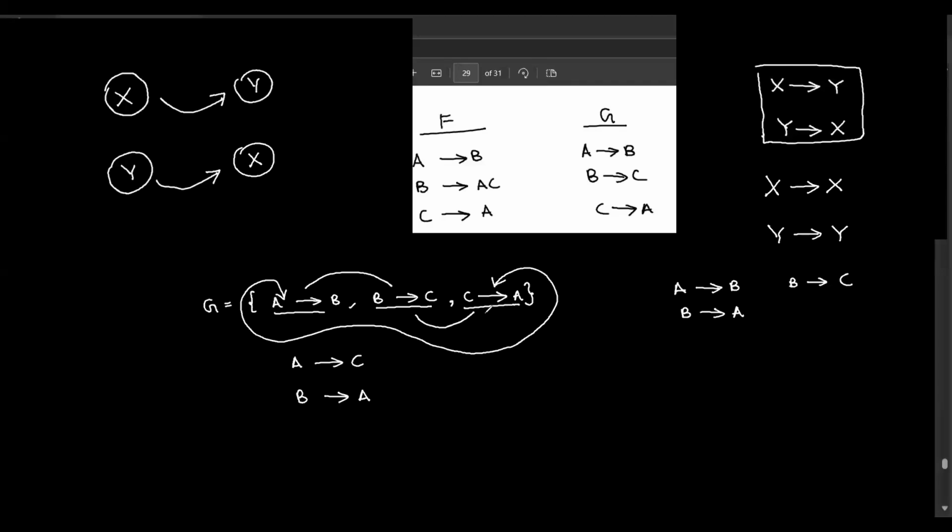C functionally determines A and A functionally determines B, so I can come up with C functionally determines B. We also have C functionally determines A, and I have already come up with A functionally determines C. So what this means is all these sets of attributes, A, B, C, are mutually dependent on each other. The information that you are gathering from these three will be similar. We can say in some cases this is also a possibility when A is equal to B is equal to C.